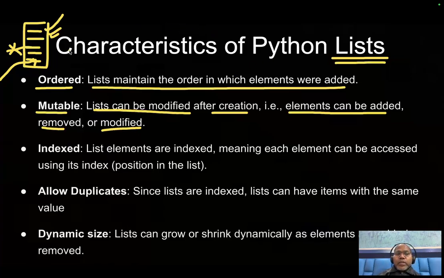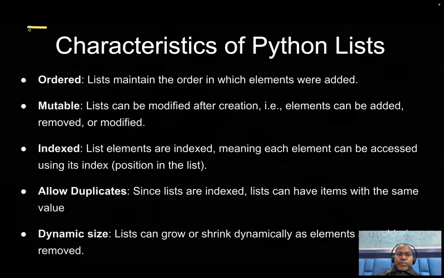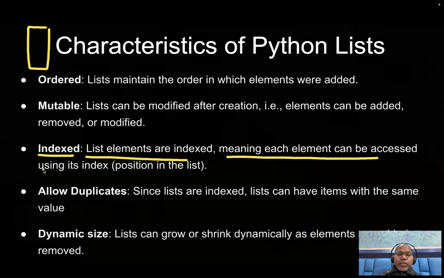And the items you are storing in this list are index based. Index based means the list elements are indexed, so each element can be accessed using its position. Let's say you are putting in element 2, element 5, element 8.